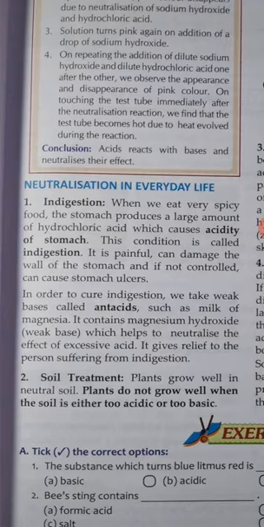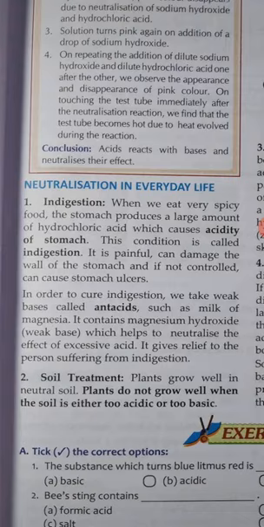Then what we generally do is we take a medicine. That medicine is basic in nature, and in general we call it an antacid. So antacid is the name of a group of medicines which are basic in nature.